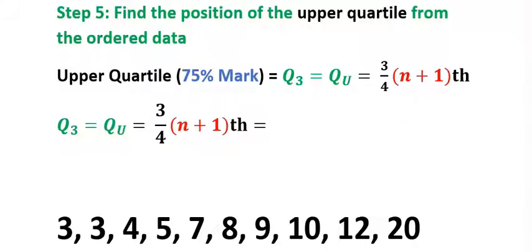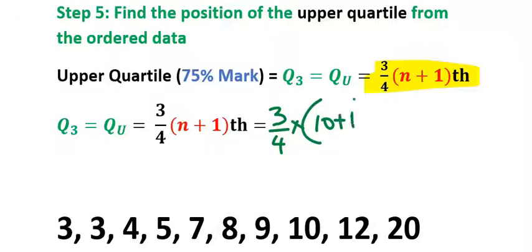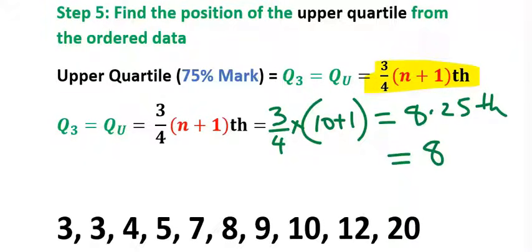Step 5. Find the position of the upper quartile, which is the 75th mark, using this formula. Hence, we're going to have 3/4 multiplied by 10 plus 1, and we have 8.25th position. Hence, we round this down to 8. Why? 2 is not up to 5.